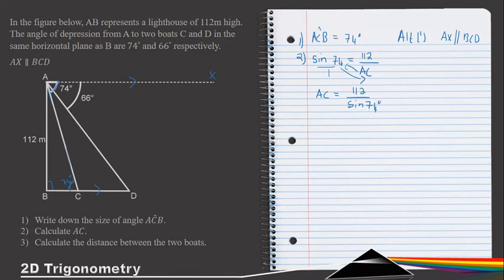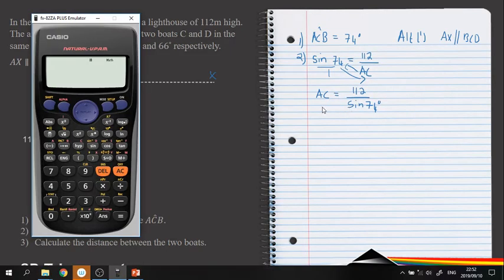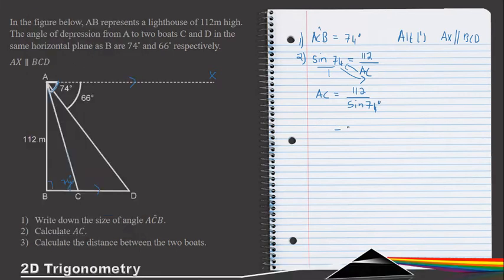Alright, so if we put that onto the calculator, 112 over sine of 74, this gives us 116,51. And that's in meters.